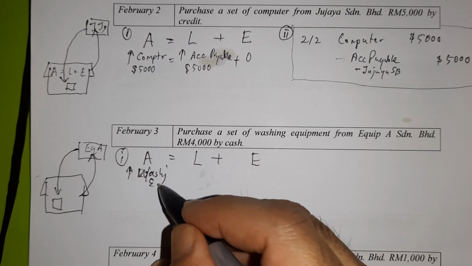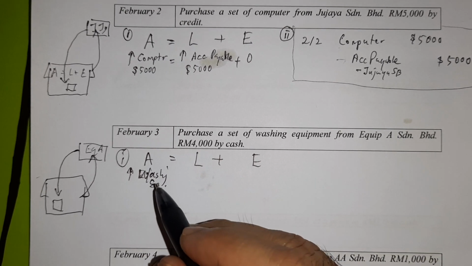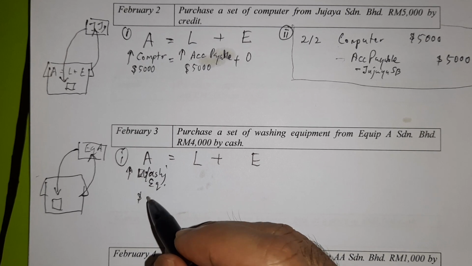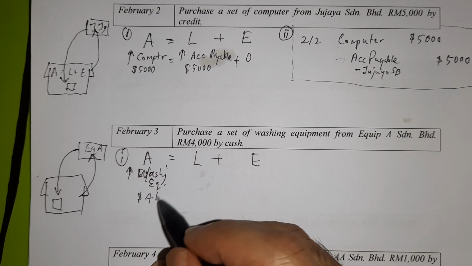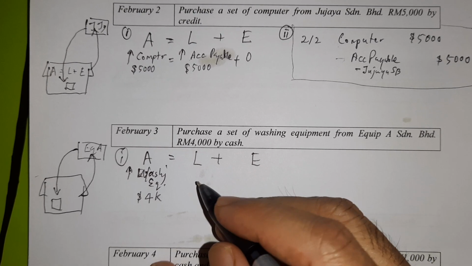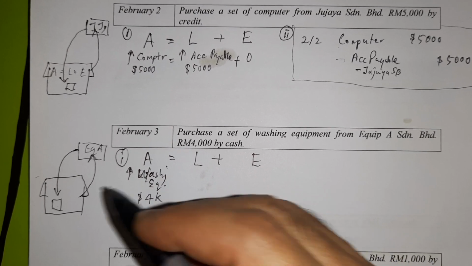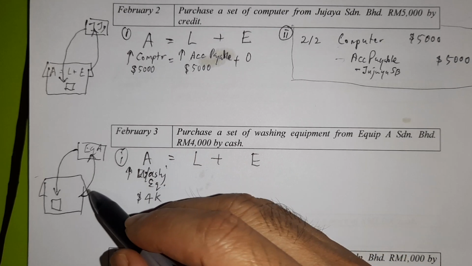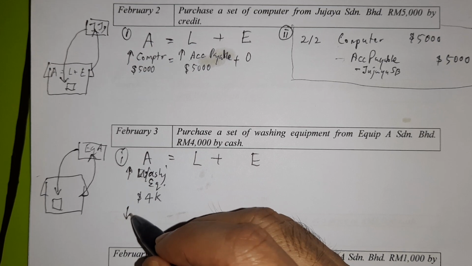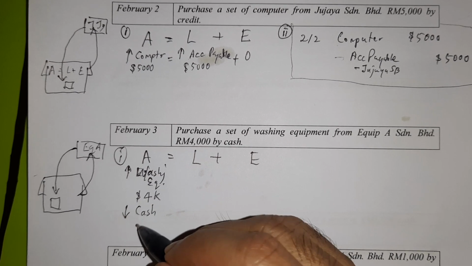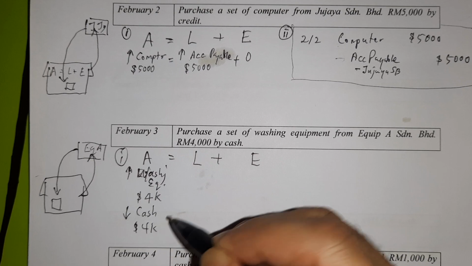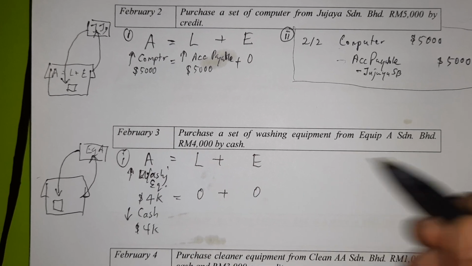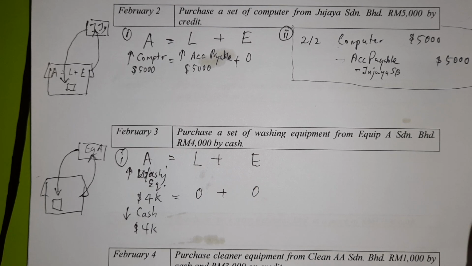The amount is 4,000. And then at the same time, cash goes down because the business paid by cash. So asset cash decreases. The name of the asset is cash. The amount is also 4,000. No effect on liability. No effect on equity. Okay, this is very easy.